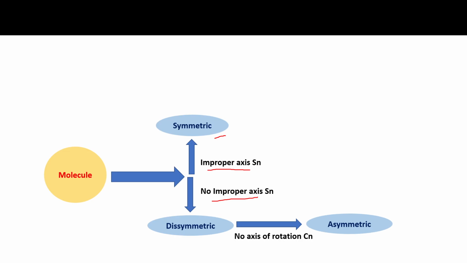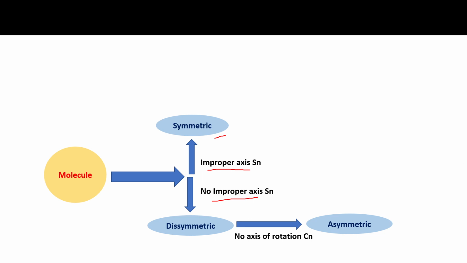So what did we learn today? We are mainly talking about molecules that have an improper axis of symmetry.